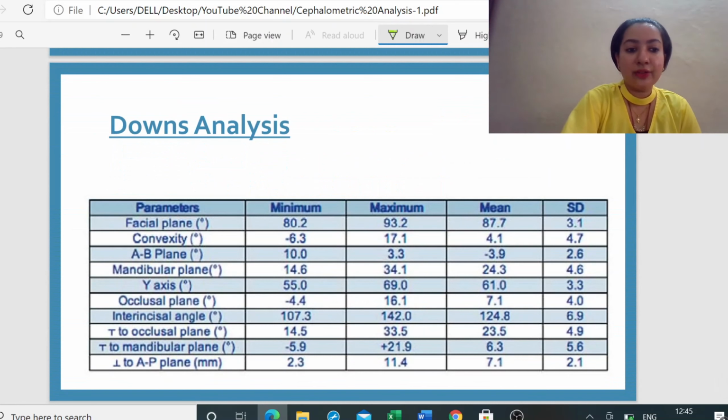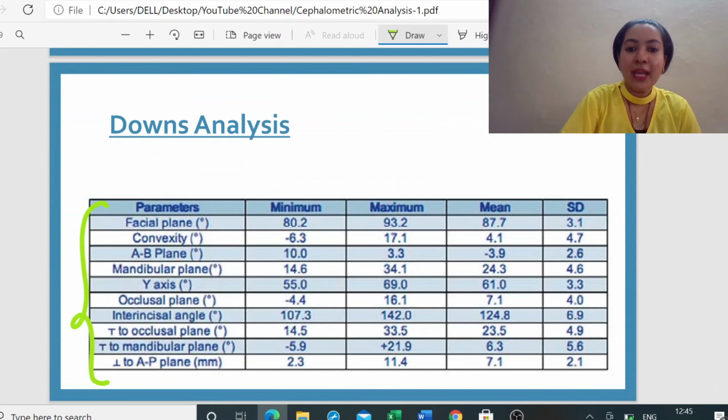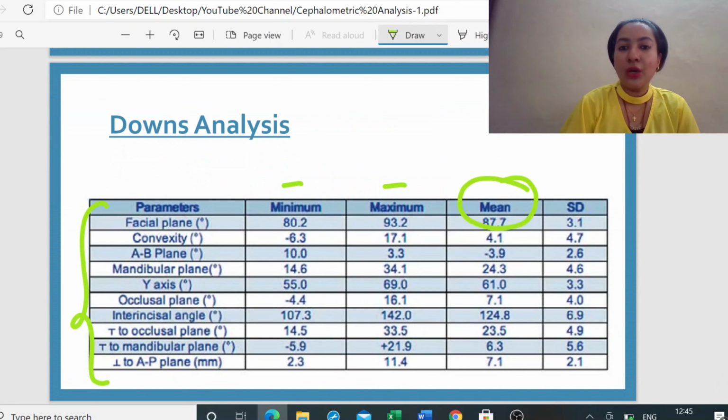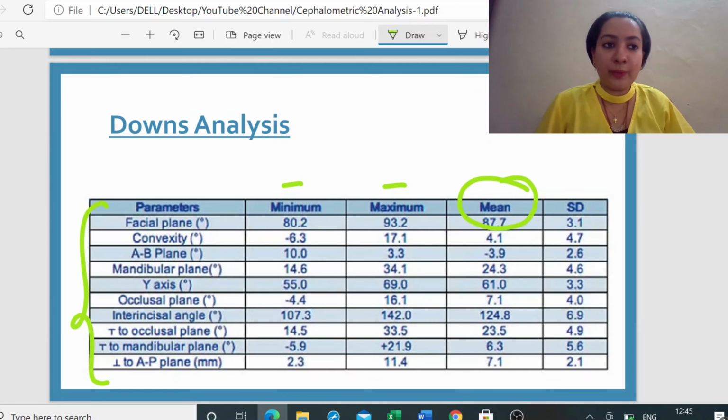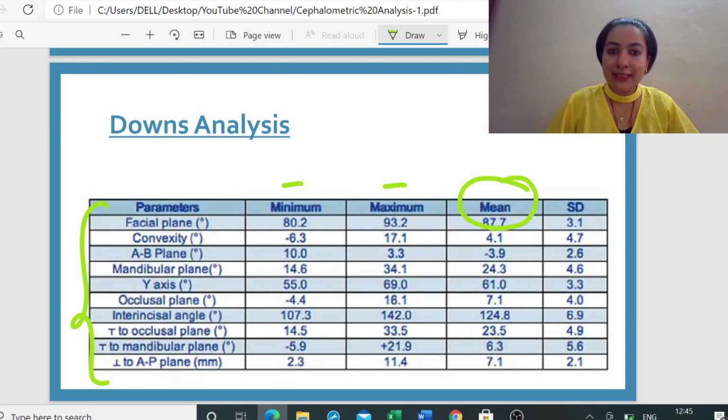So these are the different set of parameters that Downs has given, and this is the minimum value, maximum value, and this is the mean. Okay, meaning from minimum and maximum value, the results which are obtained come under your mean. Okay, so mean is just a value. There can always be a standard deviation which is mentioned in your fourth section.